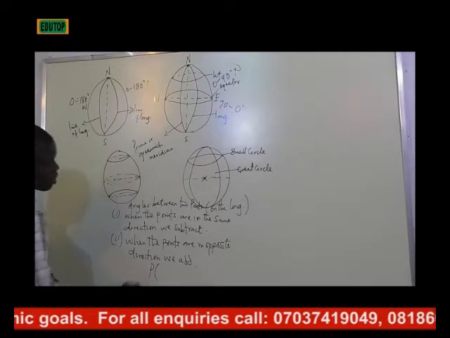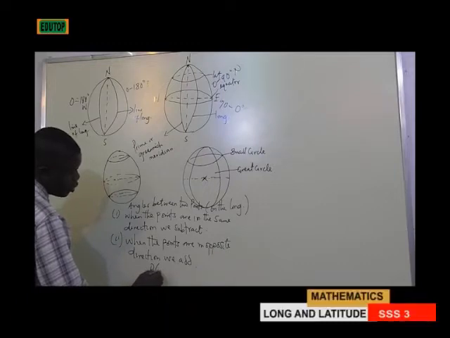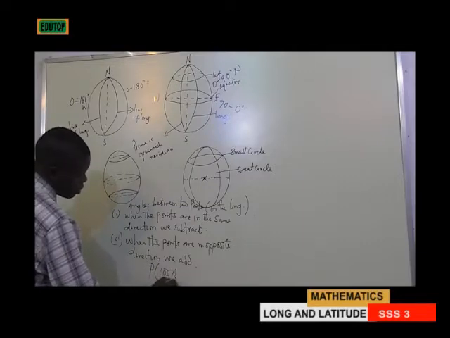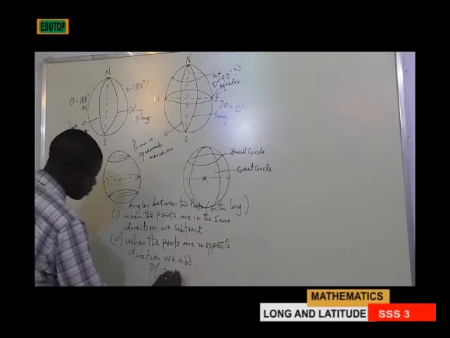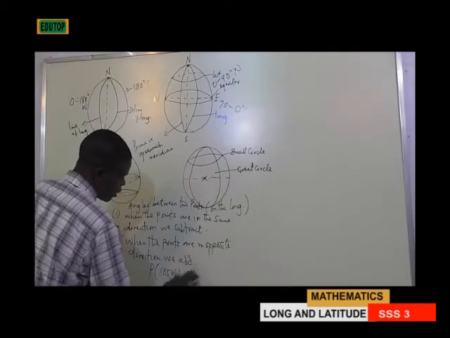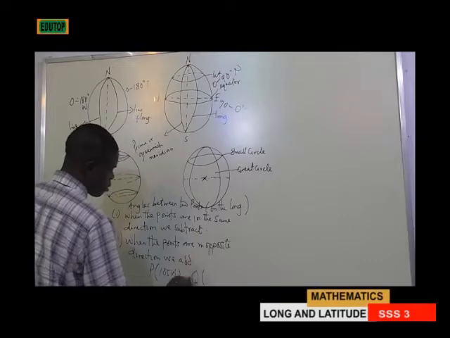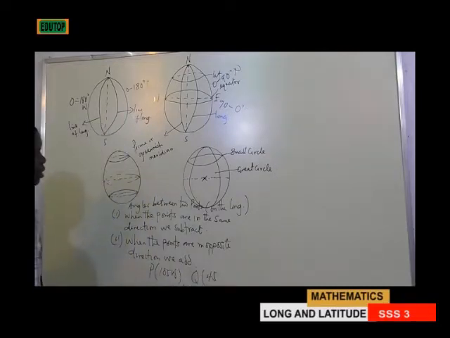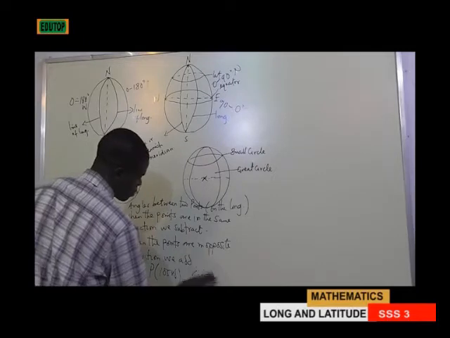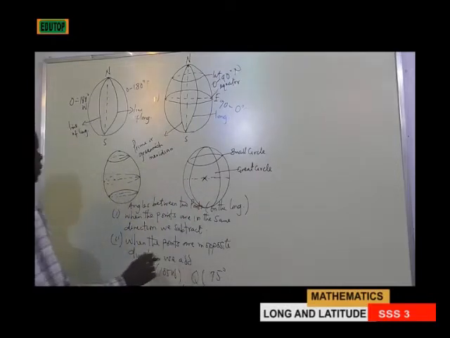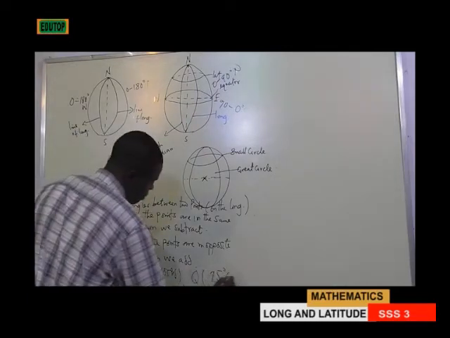Example, let's say you have a point P with a longitude of 105 west, and you also have Q at 75 degrees east.